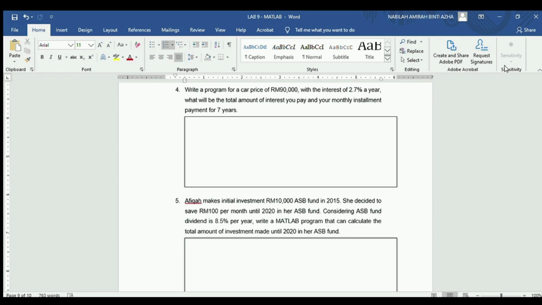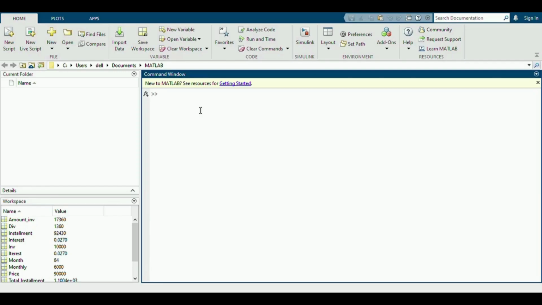And now for the next question, question number 5, we need to calculate the total investment of Afika with the dividend of 8.5% per year from 2015 until 2020. To solve question number 5, first we need to find the total investment.